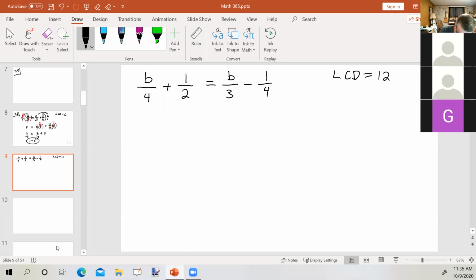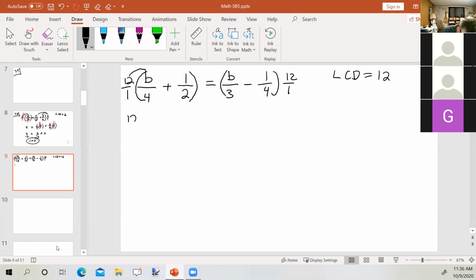Good job. So now we're going to multiply both sides of the equation by 12, by the LCD. Once again, because 12 includes the 4, the 2, and the 3, it's going to wipe them all out as we distribute and simplify.